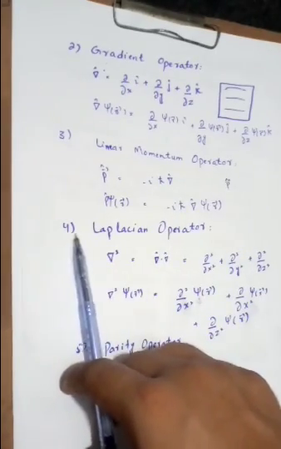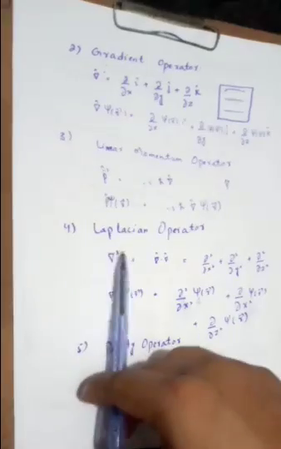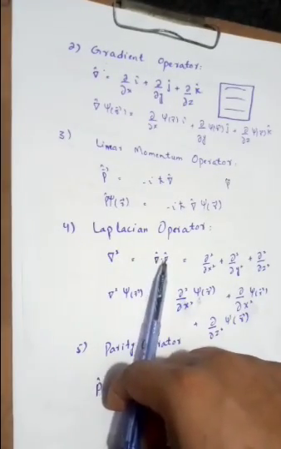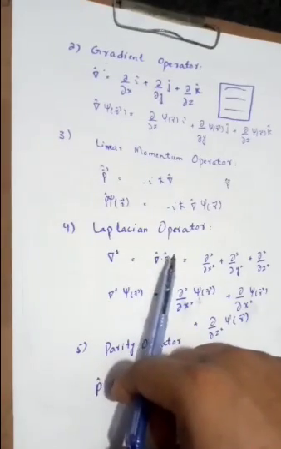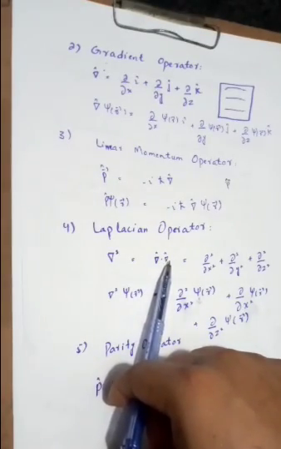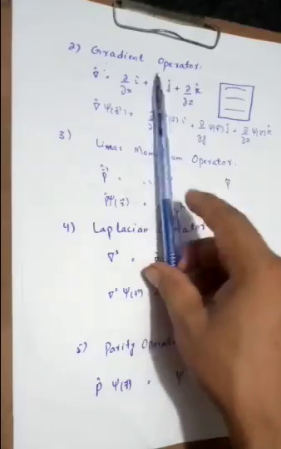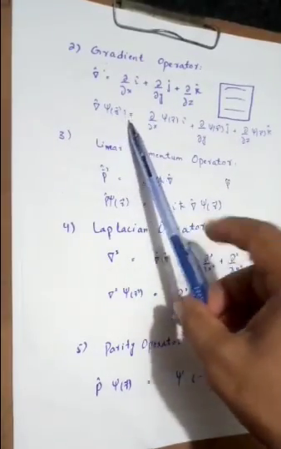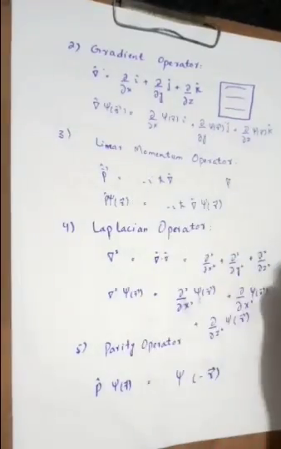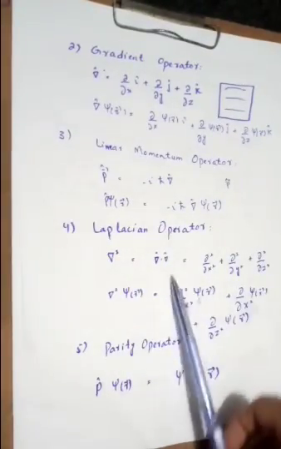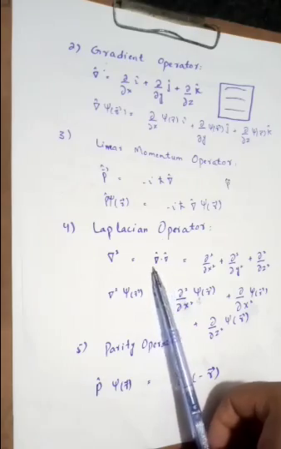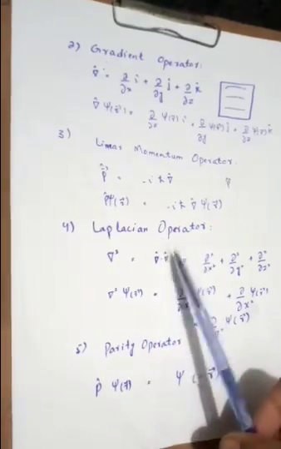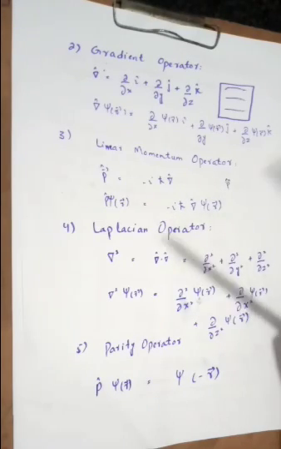Number 4, Laplacian operator. Laplacian operator is just the scalar product or dot product of the differential operator, which is obviously a vector quantity. We know that the gradient operates on a scalar function and converts it into a vector quantity, a vector function. So we can define a dot product, a scalar product, among this differential operator because it's basically a vector.